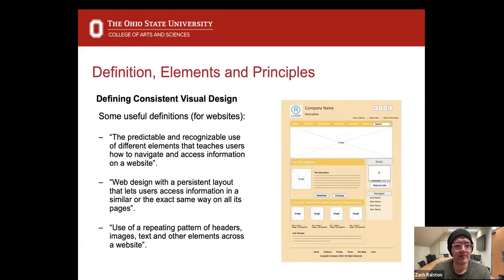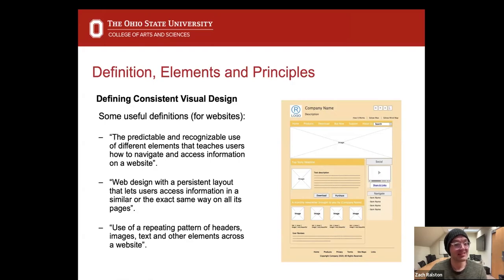And going on to a more web-based version of that, here are a few useful descriptions. These are not authoritative by any means, by the way. These are just what I think are pretty accurate descriptions that are essentially alluding to the same thing here. So one way that you could describe consistent visual design is the predictable and recognizable use of different elements that teaches users how to navigate and access information on a website.